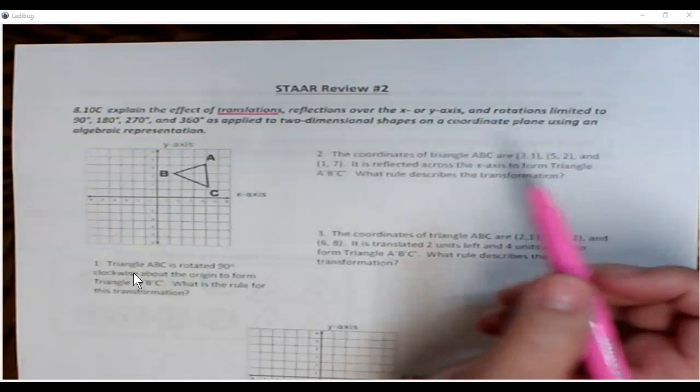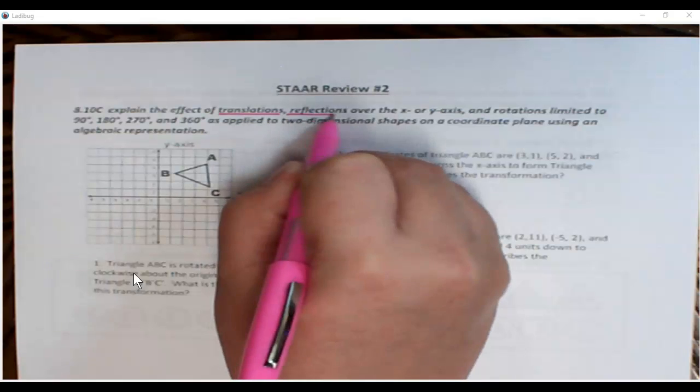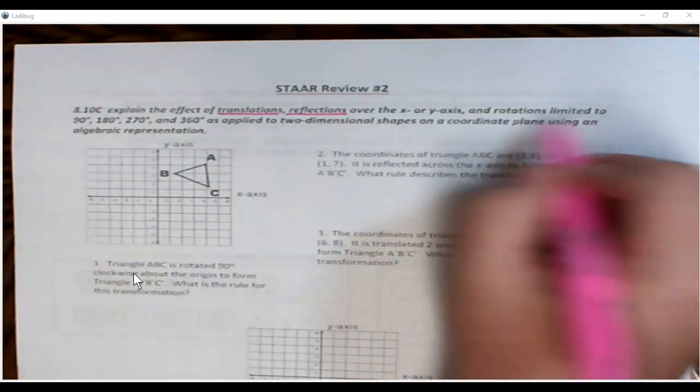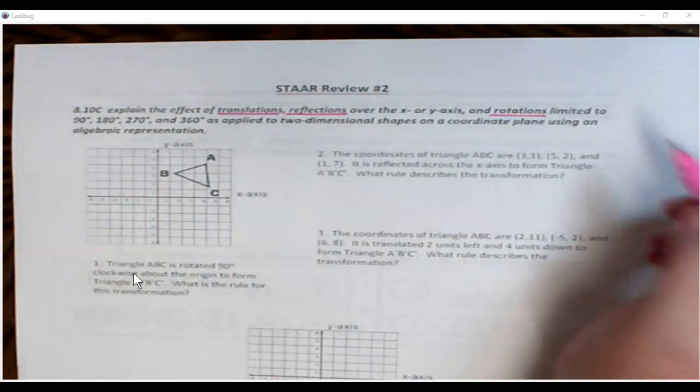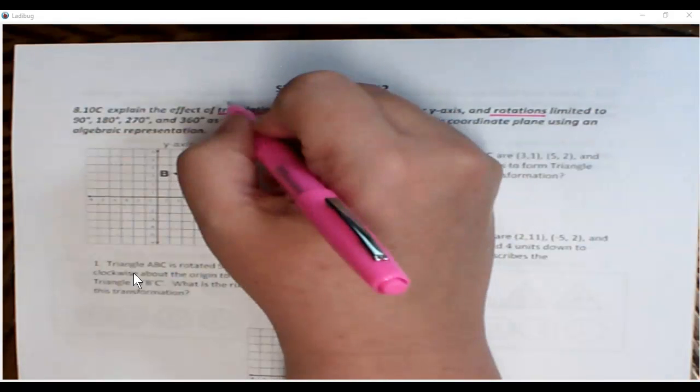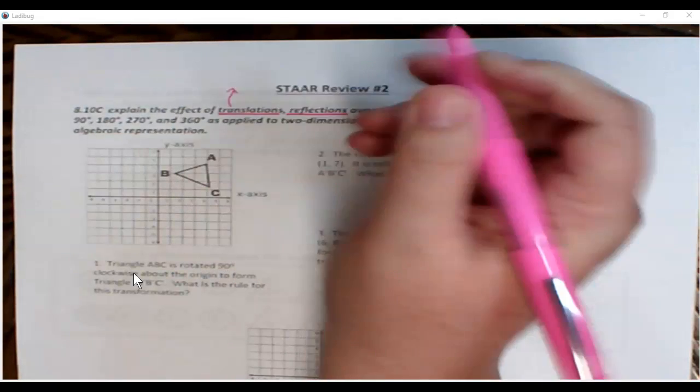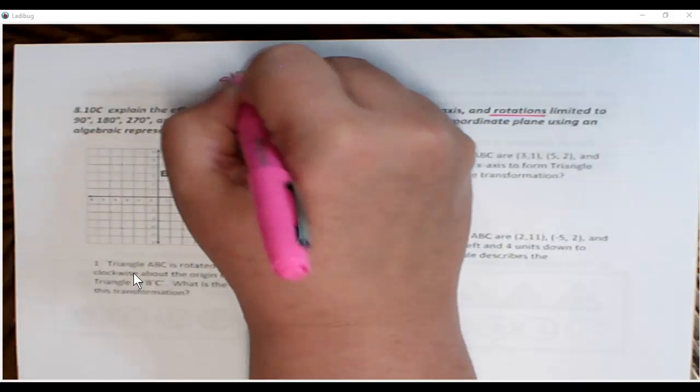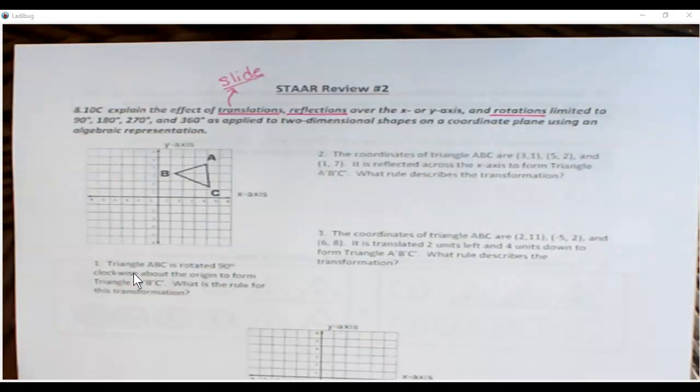And transformations include translations, reflections, and rotations. Some of the key words that we can remember: a translation is when you slide an object across the coordinate plane.